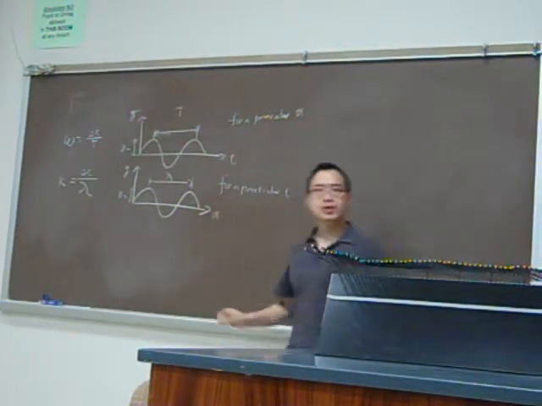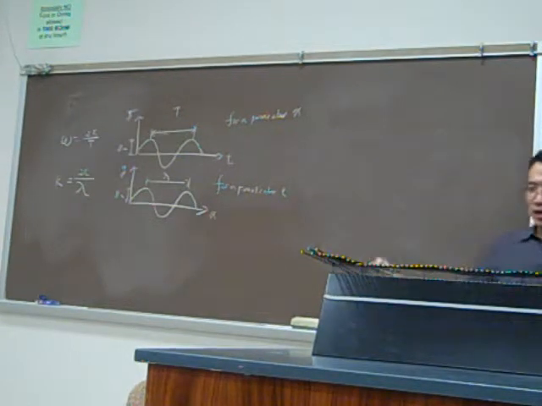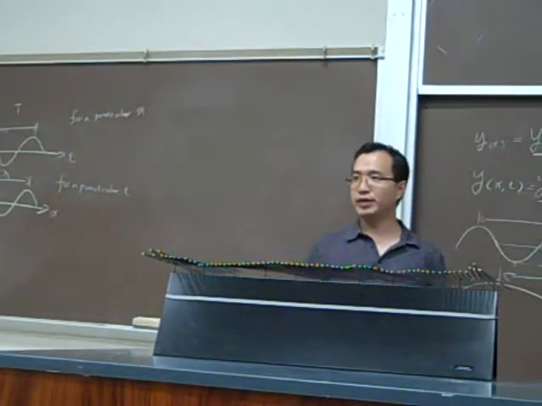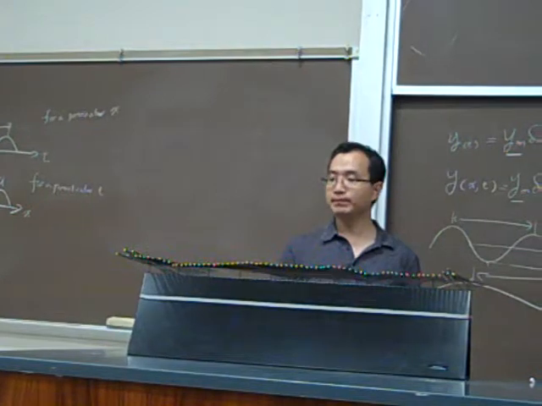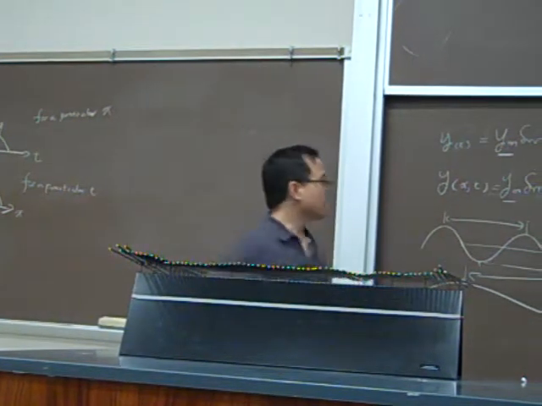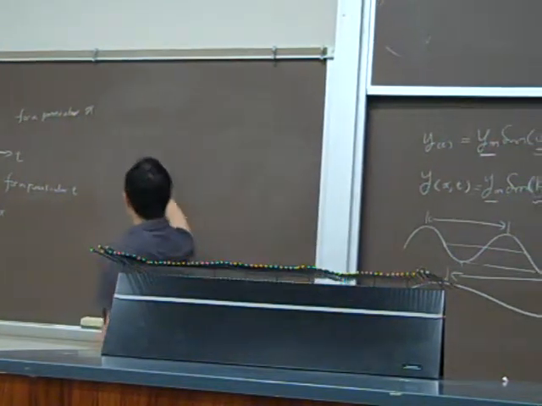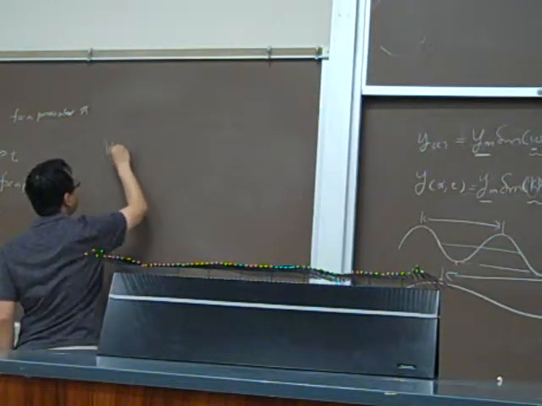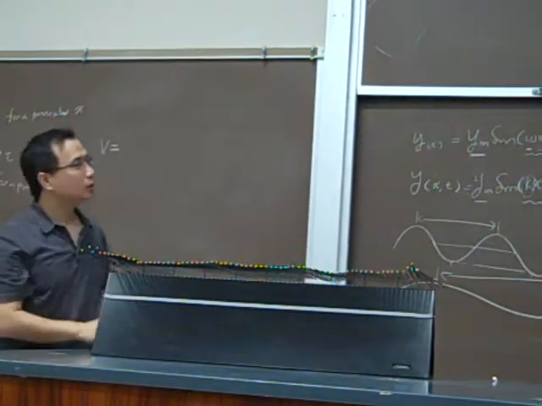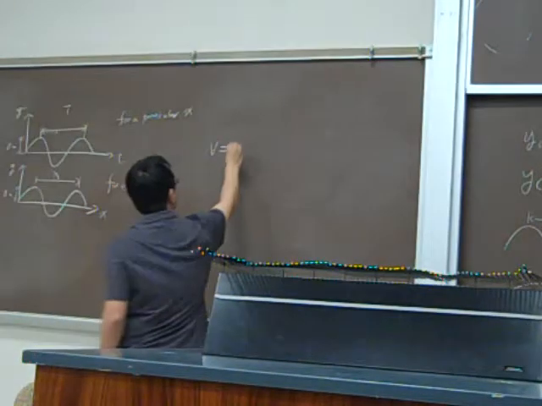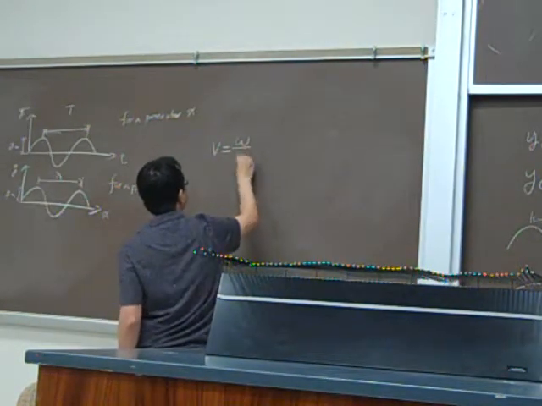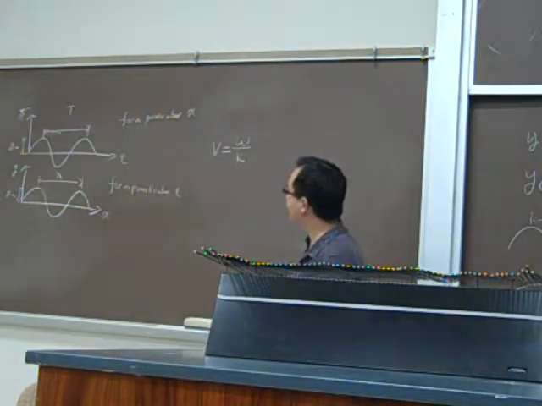In fact, they are related by the speed of the wave. Speed of the wave can be calculated as omega over k. That's a fundamental equation. Wave speed equals omega over k.